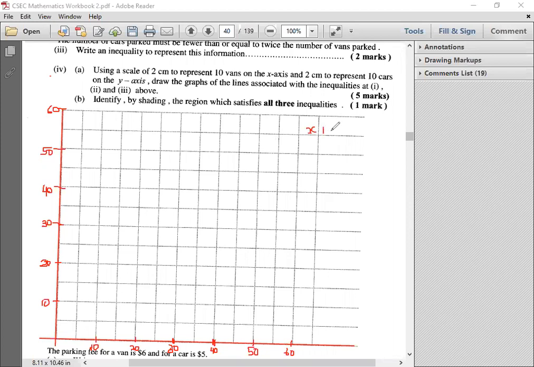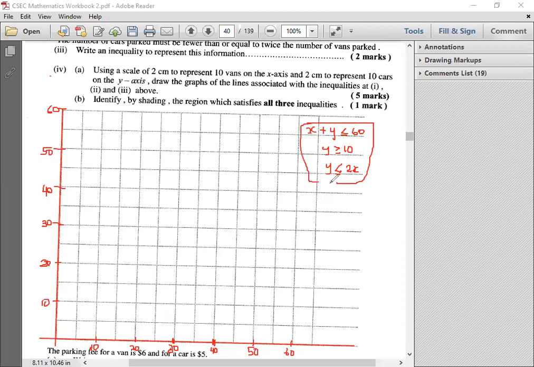Y is greater than or equal to 10. And Y is less than or equal to 2x. So these are the three inequalities that we're working with.